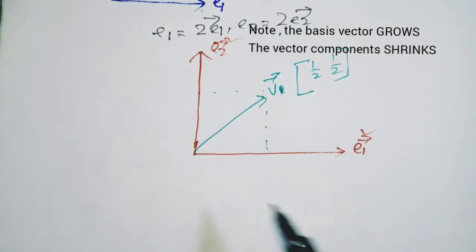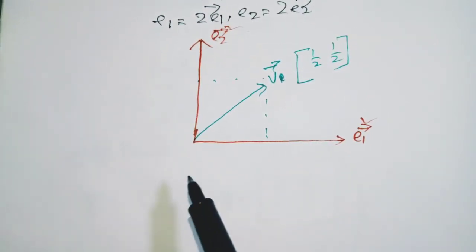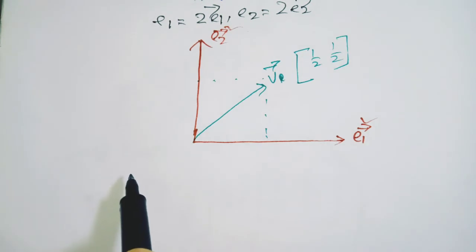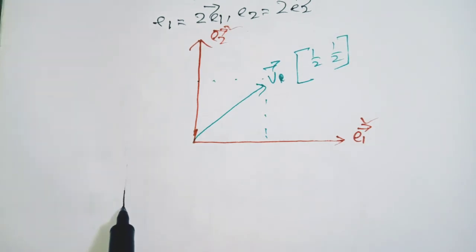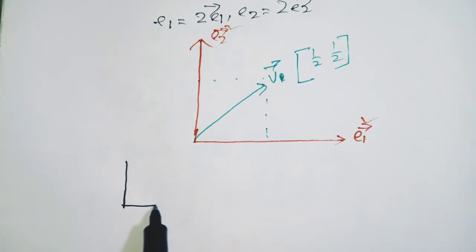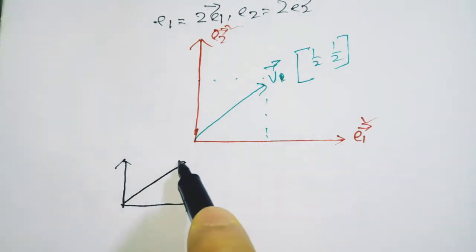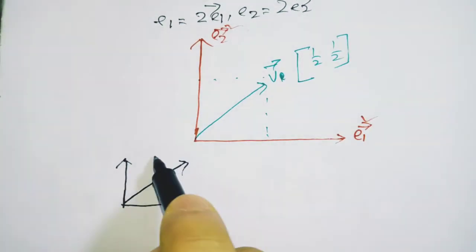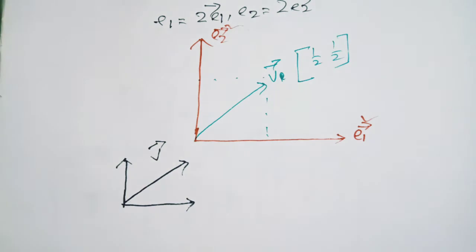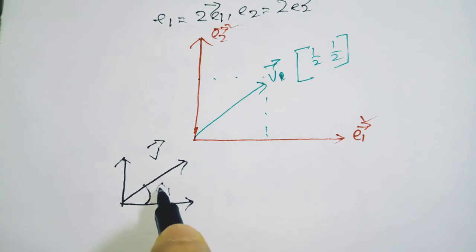Say we have another kind of axis, something like this. I'll take it rather simple, x and y. And we have a vector pointing in this direction, which for convenience we just call vector V. This angle is theta 1 and this angle is theta 2.